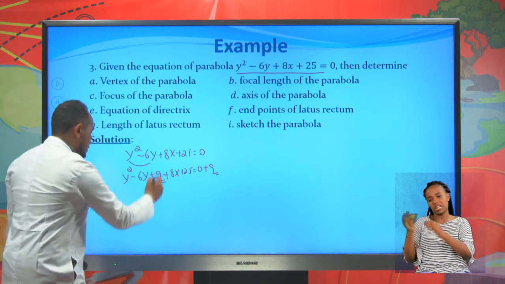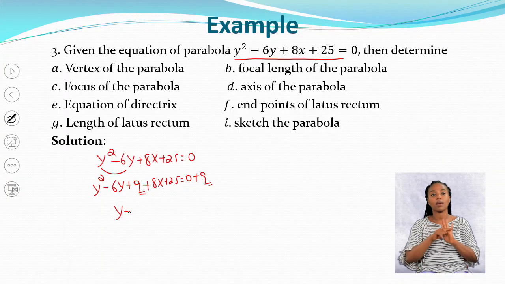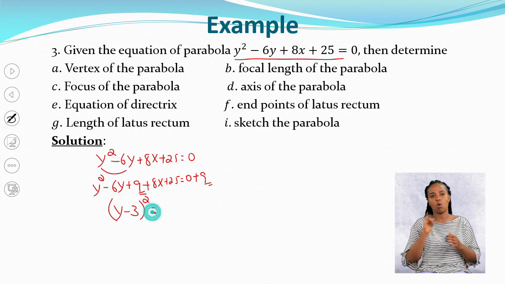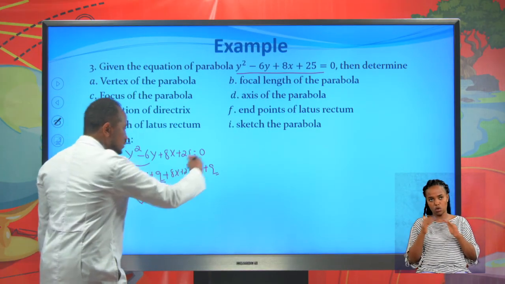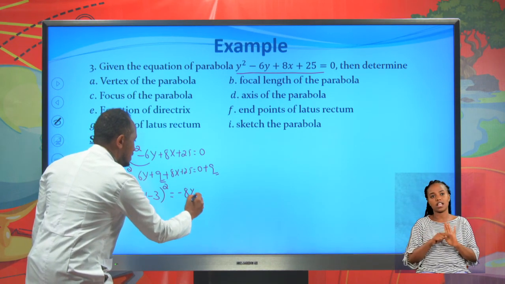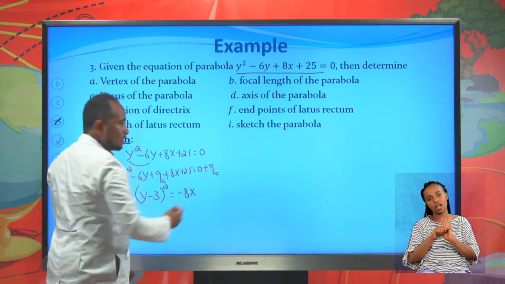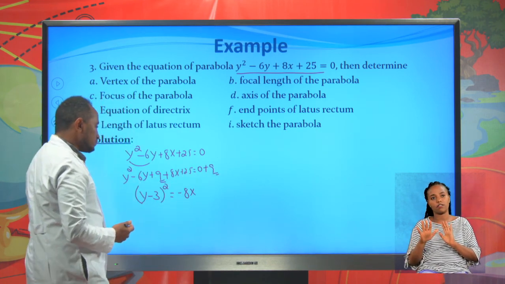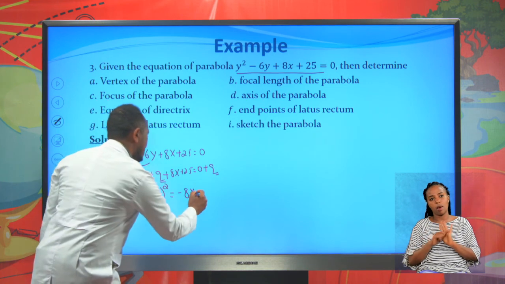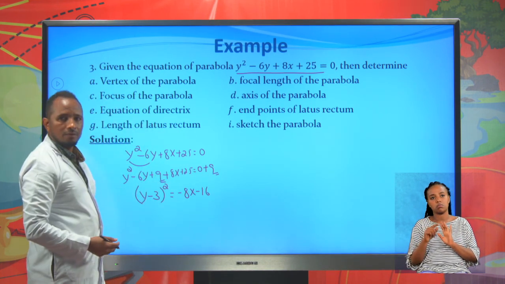And this expression becomes y minus 3, half of the middle term, y minus 3 the whole squared. This is equal to, shifting this to the other side, minus 8x minus 25 and 9. It becomes minus 16, since 9 minus 25.